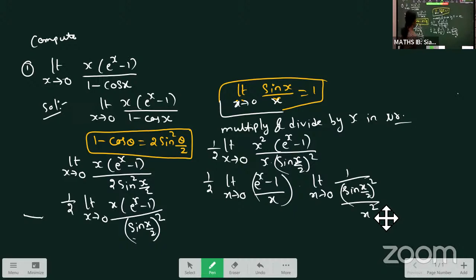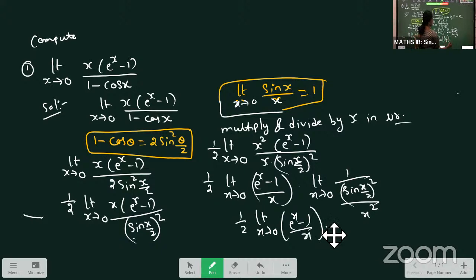Now, 1 by 2 into limit x tends to 0, e power x minus 1 by x into limit x tends to 0, 1 by sin x by 2 whole square. Here also x by 2 whole square should be there.